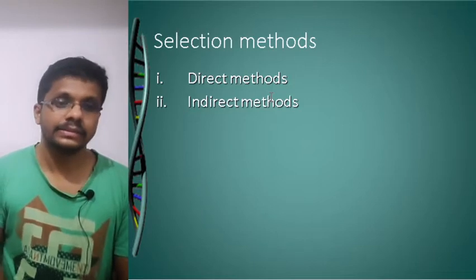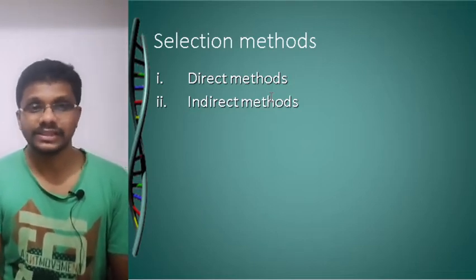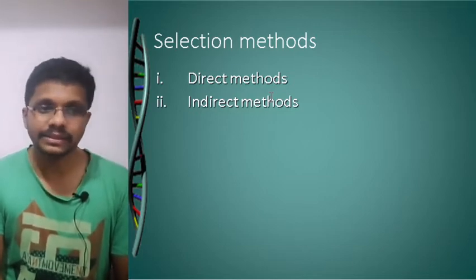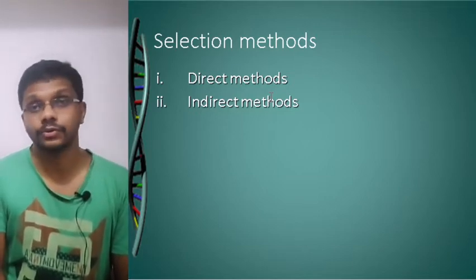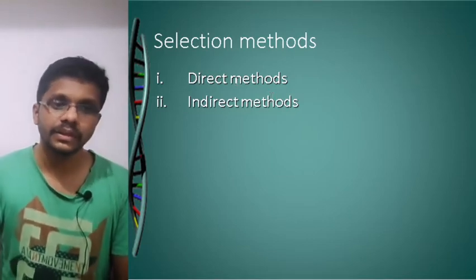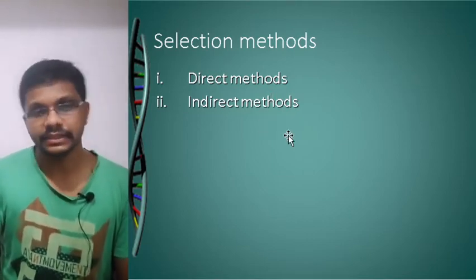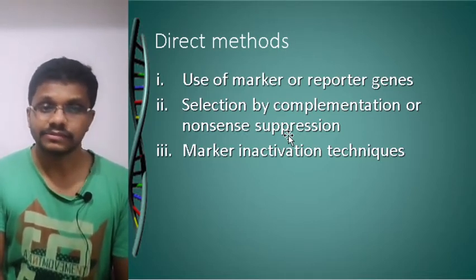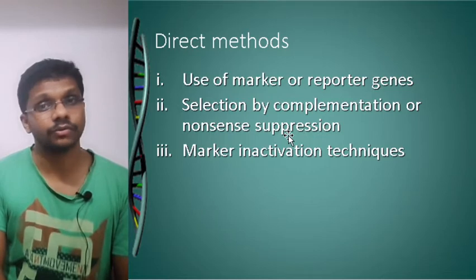We can classify all selection methods into two: direct methods and indirect methods. These selection methods are applicable to selectable markers as well as screenable markers. In direct selection methods, we are looking for the function of a particular gene.